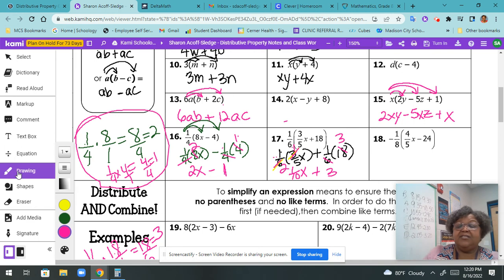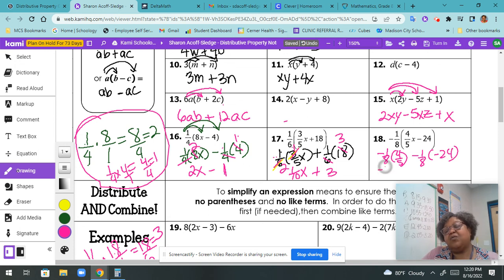I just made it a little bigger so I can write. Okay, so we have minus 1/8 times 4/5. I'm going to kind of do this the long way. And then minus 1/8 times a minus 24. So this would give you a negative 4 over 40 x. I forgot my x.